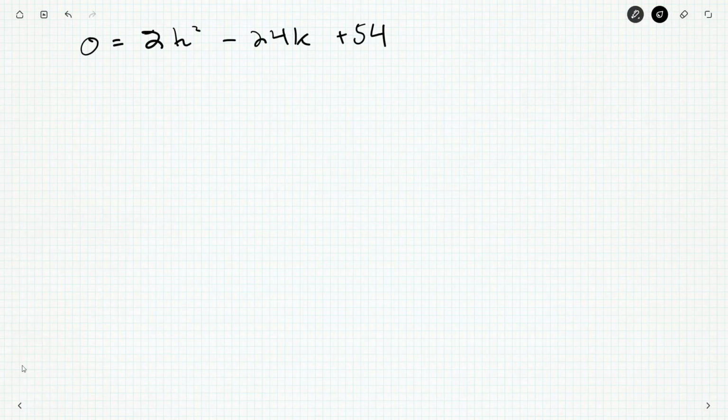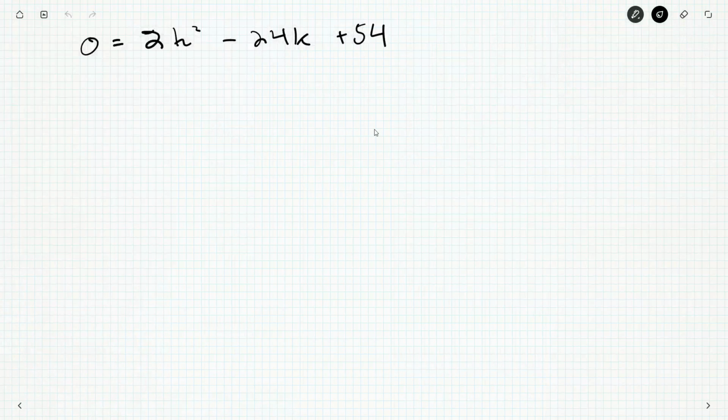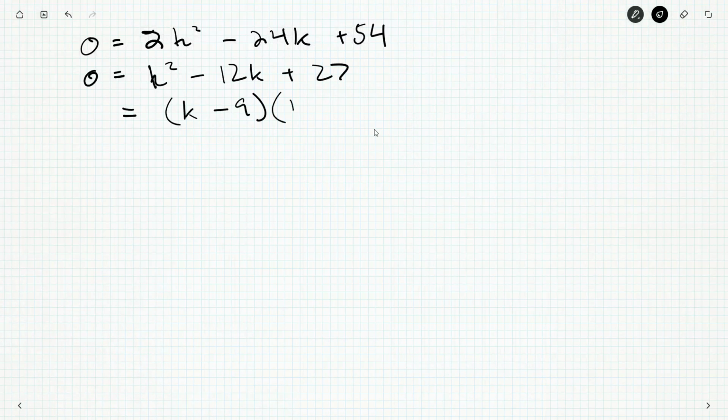I'll just go back and double check that. 2k squared, minus 2k minus 22k, that's 24k. 1, that's 17. 27 plus 6 is 33. 53, 54. Okay. So we'll go back. And so 0 is k squared minus 12k plus 27. I can factor that. (k minus 9)(k minus 3). So k is 3 or 9 in this case.